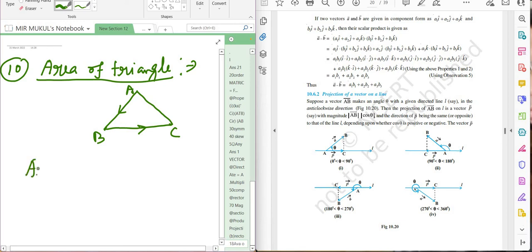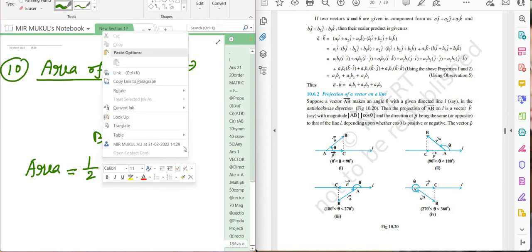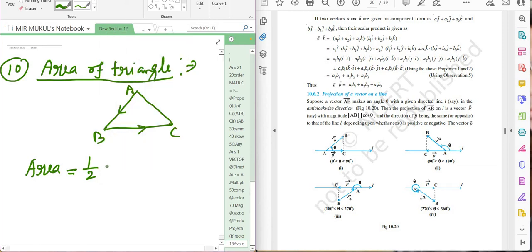So area equals half, then you have to take the cross product, so the magnitude of AB cross BC, or you can take half of BC cross, even AC also.